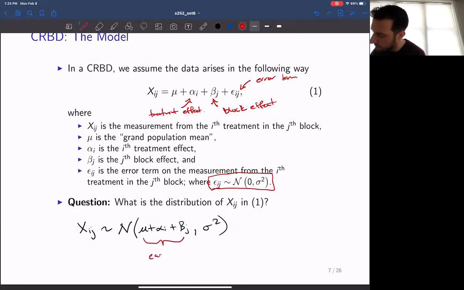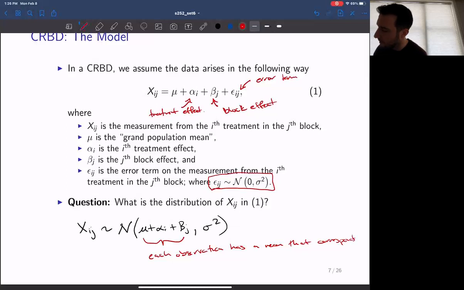So each observation has a mean that corresponds to the block and treatment level from which it came.